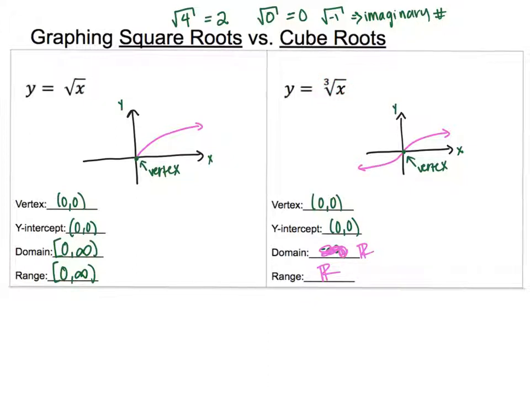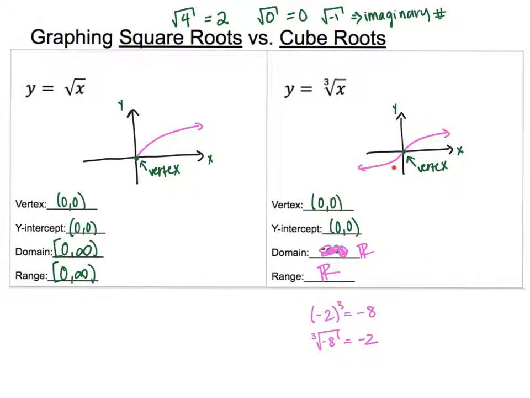Let's think about it. Negative 2 to the third power is negative 8, if you remember from the bell work. So if I were to take the cube root of negative 8, I should get negative 2 because cube roots undo cubes, taking the power to the third power. So in this case, the cube root of negative 8 should be negative 2.